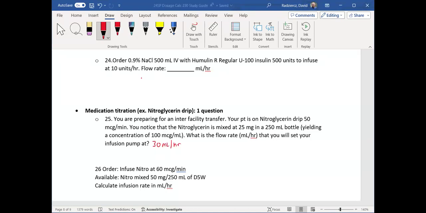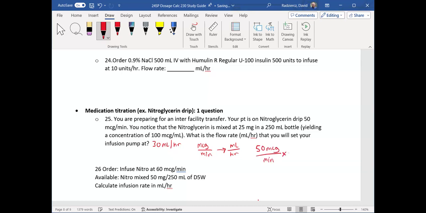How did I get that? First of all, this is what I'm trying to do. I'm trying to convert micrograms per minute to mL per hour. Okay. So what is my micrograms per minute? 50 micrograms per minute.